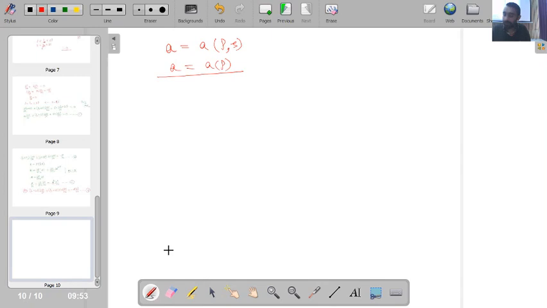Now, using the Taylor series expansion, I can write a square as equal to a infinity square plus del a square by del rho corresponding to fluid condition infinity, multiplied with rho minus rho infinity.